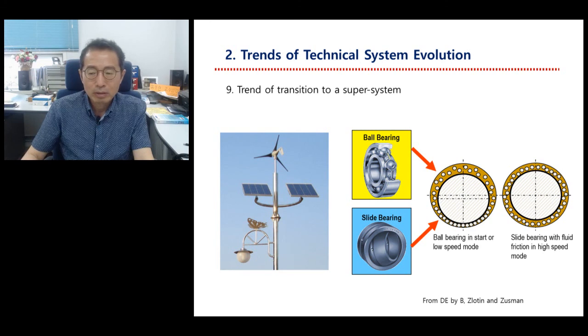Slide bearings, on the other hand, have advantages at high speeds. Each system developed independently and eventually developed into a hybrid system that combined each advantage.